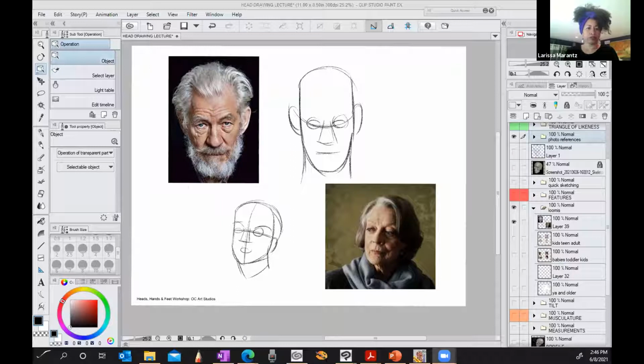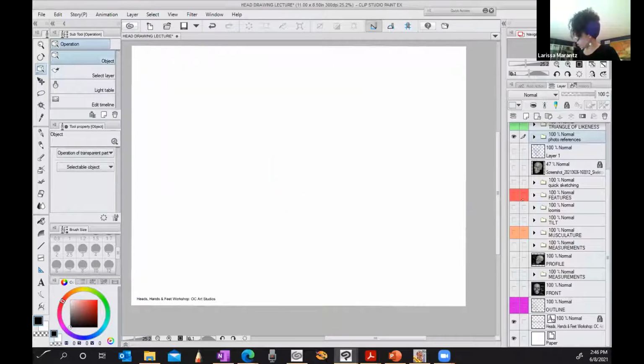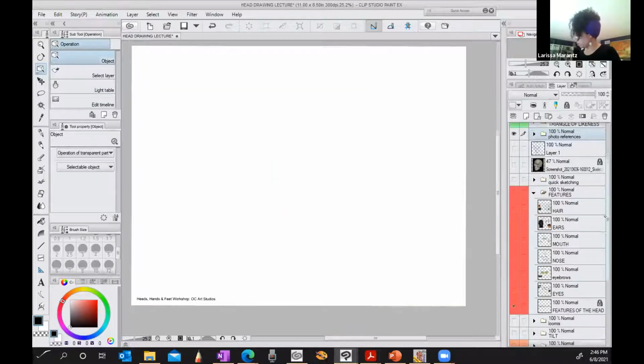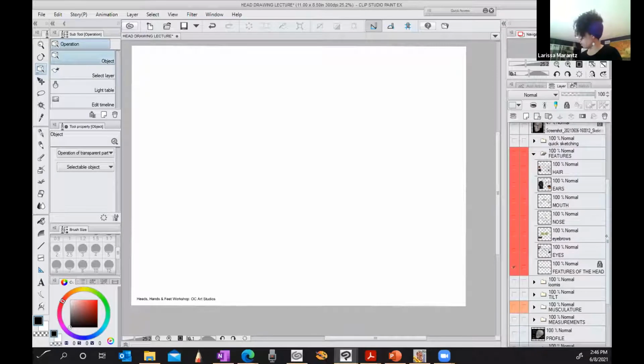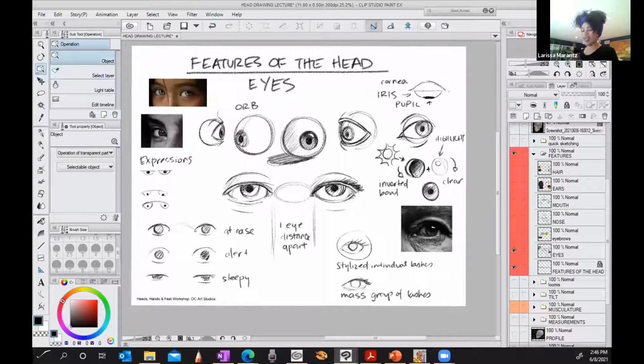All right, so really quick, before I get too deep into that, I want to hit on the features, because the features are what we were talking about with how to change the variation of your characters. First thing we're going to talk about are the eyes. The eyes are a spherical orb inside the orbit bone of your skull.